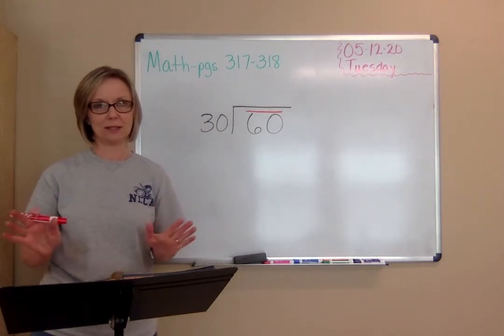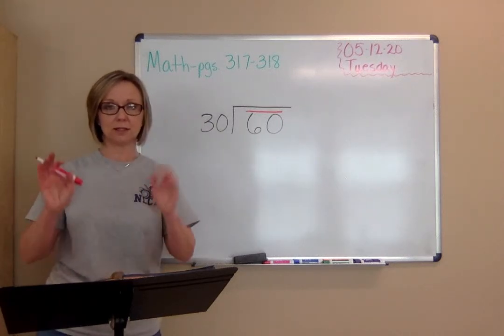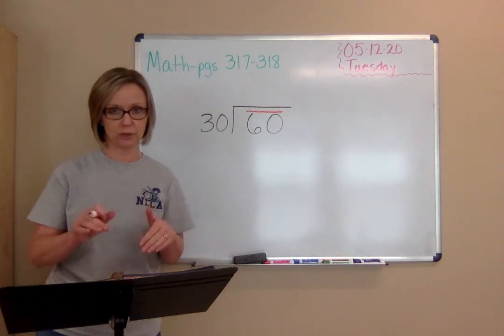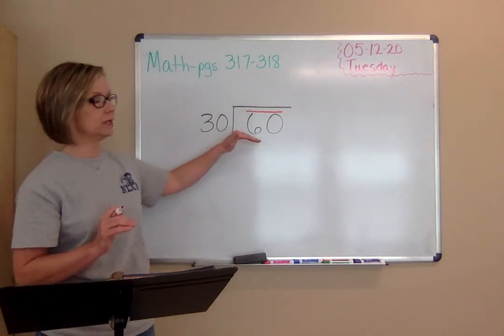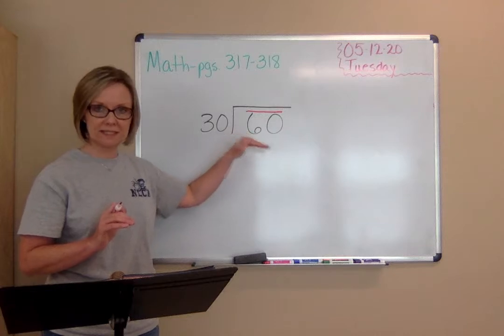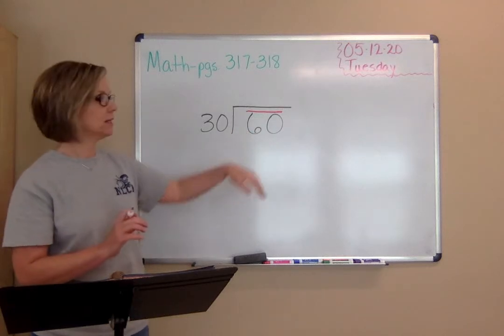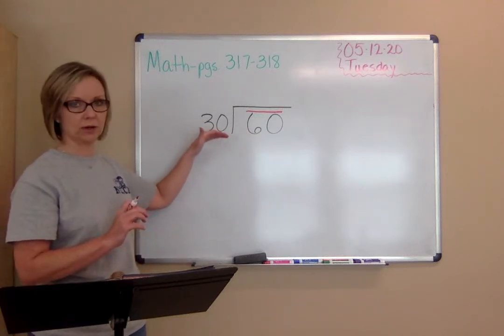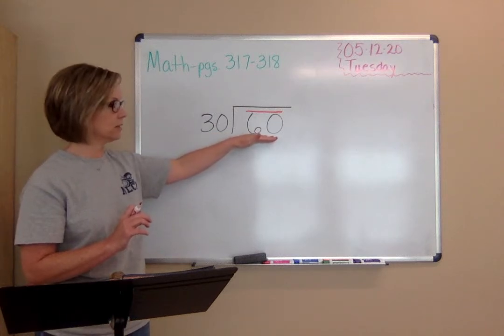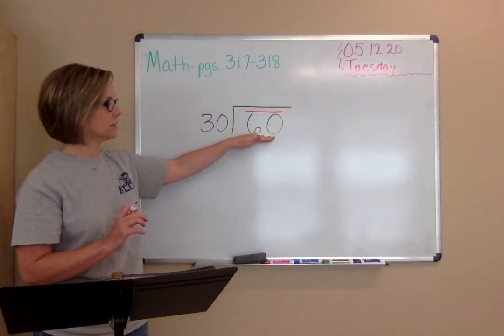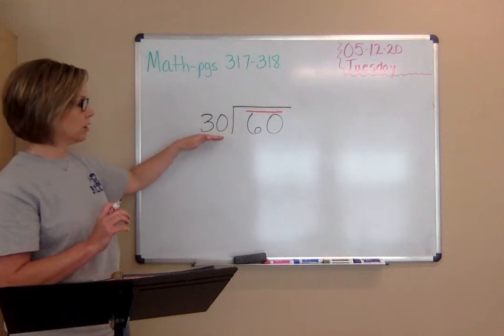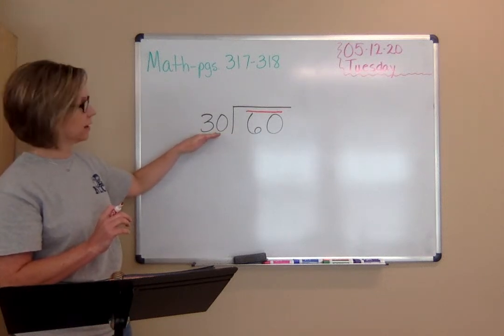So that doesn't even make sense. If you have 6 cupcakes and 30 people at your party, you're in trouble. So remember, you're using the whole number of 60. That would make sense. 60 divided by 30. Because this number, the 60, the dividend is larger than the divisor of 30.